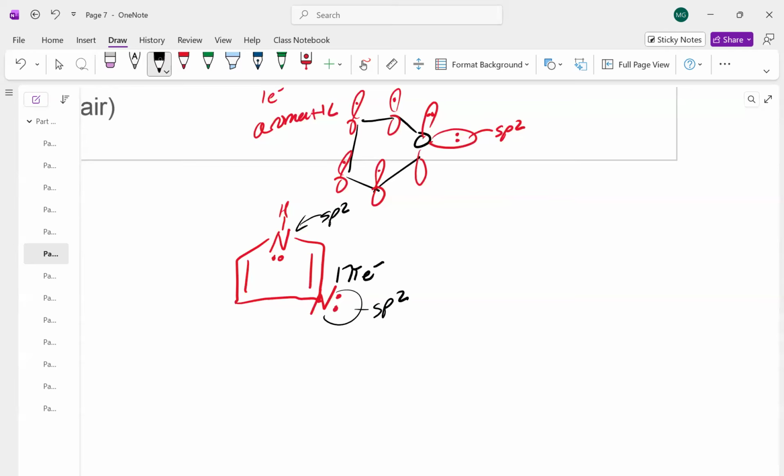If there is not a double bond to the heteroatom, then the lone pair is part of the pi system. So that nitrogen contributes two, that carbon contributes one, this one contributes one, then the other nitrogen contributes one, and that carbon contributes one. So that's a total of 6 pi electrons. That fulfills the 4n plus 2 rule. So this compound is aromatic.